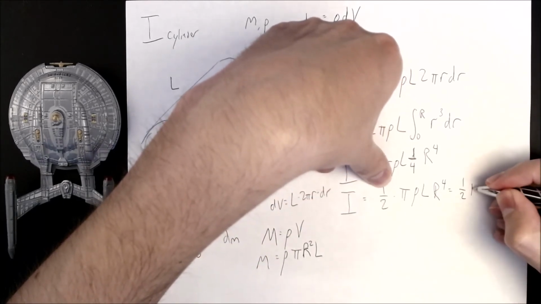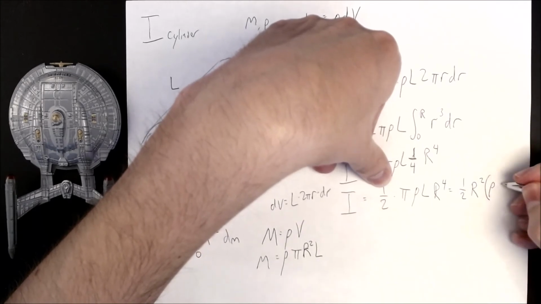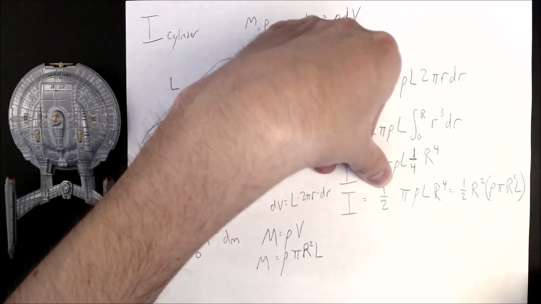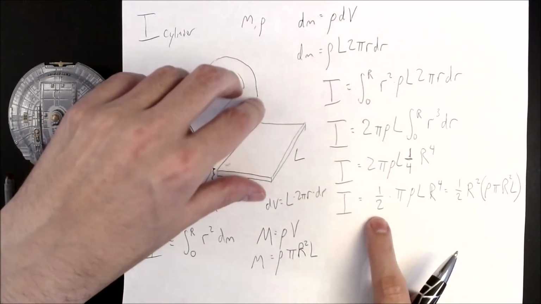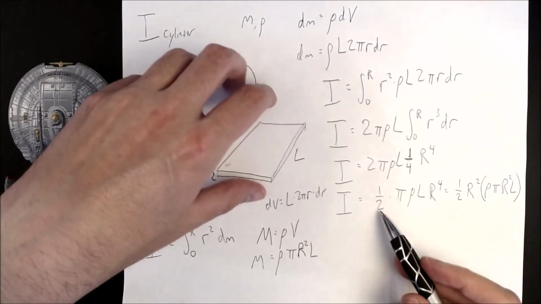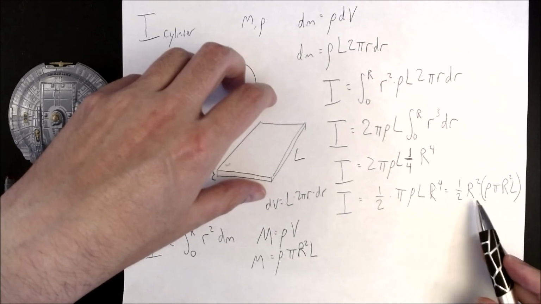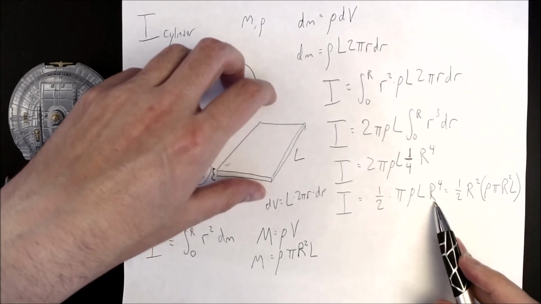That's going to leave me with R squared. And we can see, okay, I have the 1/2, the pi, the rho, the L, and an R squared, leaving an R to the 4th right there.